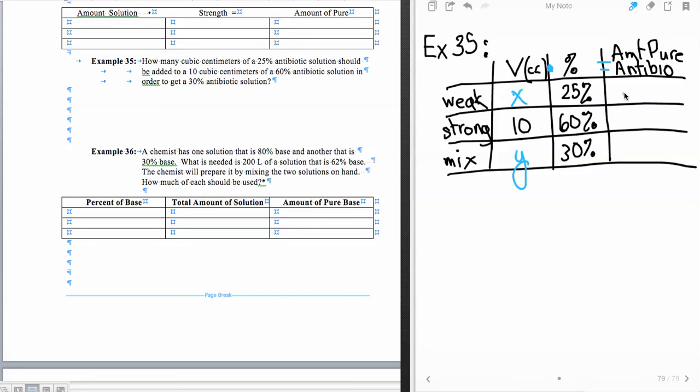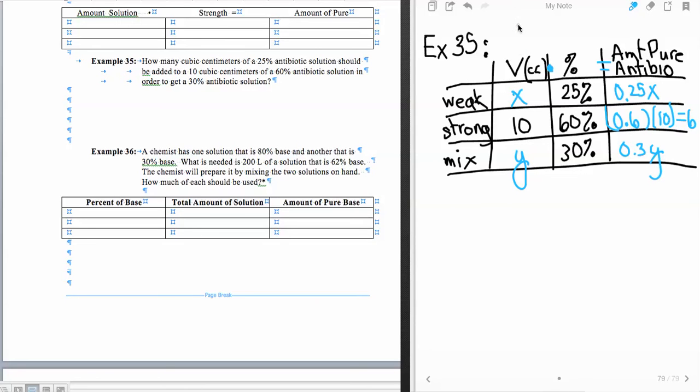So x times the 25%. 25%, remember, must be used as a decimal in order to operate on that. So 0.25x, and then 60% times the 10, so 0.6 times 10, and then I'm going to say that that is equal to 6, and then y times 30%, or 0.3y.